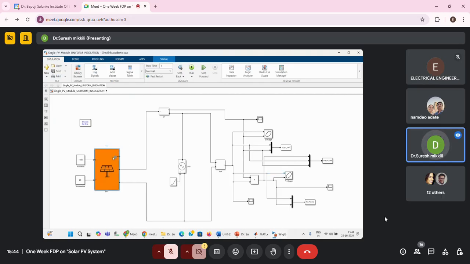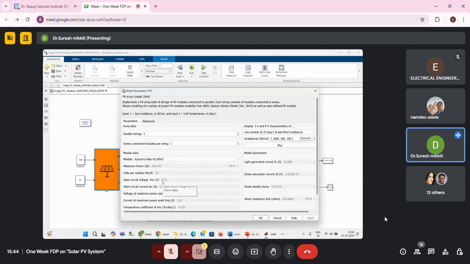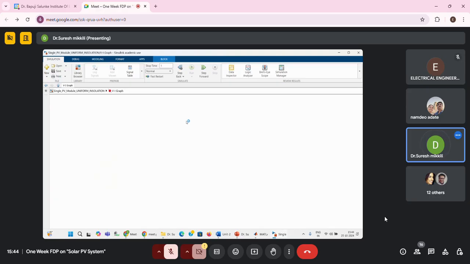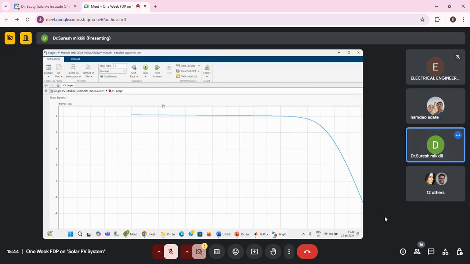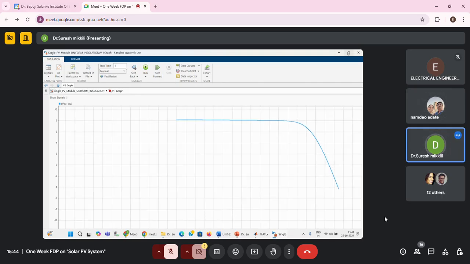So I have taken a single module. How much current and how much voltage should be there? 32.9 volts, 8.21 amps. Okay, let me run that. Do you understand? 8.21, it went.